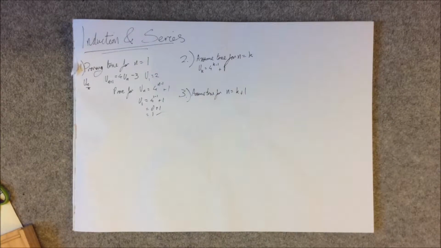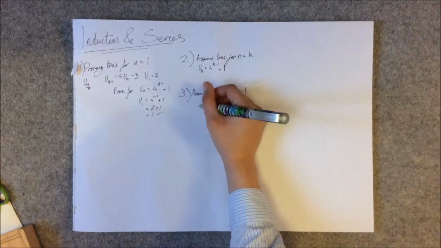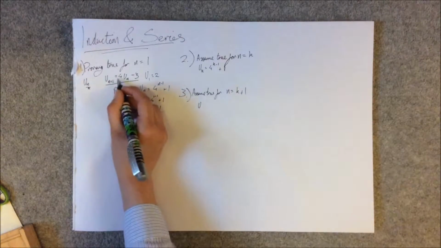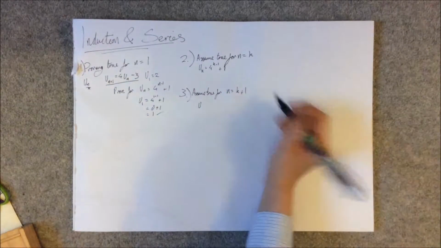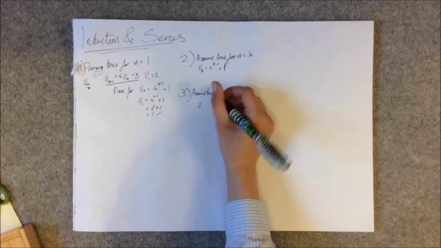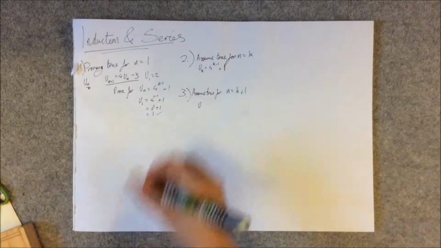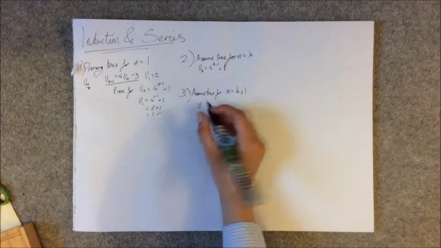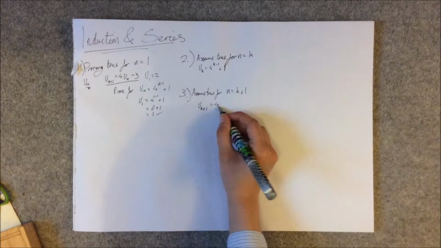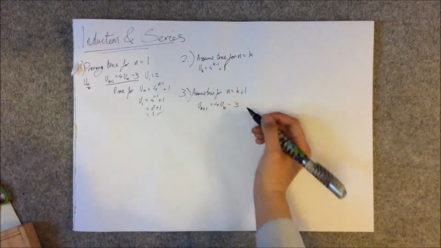So for this one, you're given this equation here, un plus 1 equals 4un minus 3. So just sub the n's in for k's, the k's in for n's. You knew what I meant. So it's uk plus 1 equals 4uk minus 3.